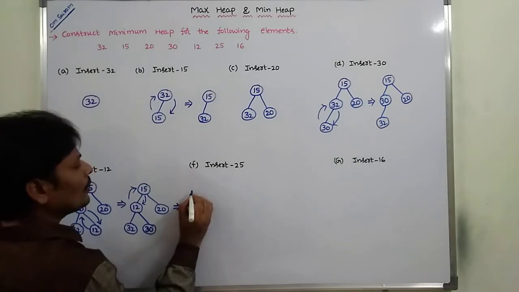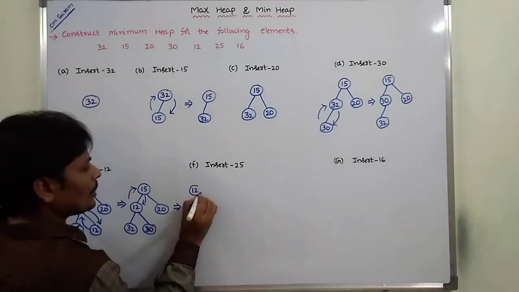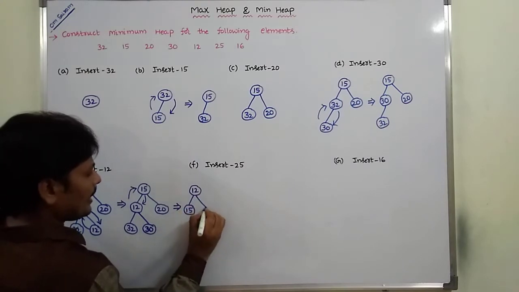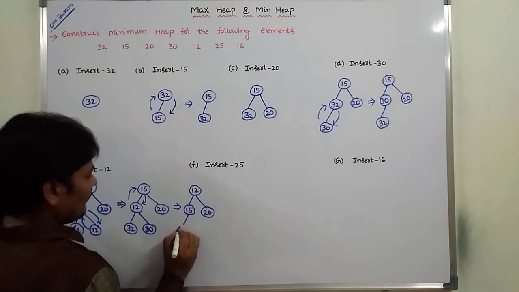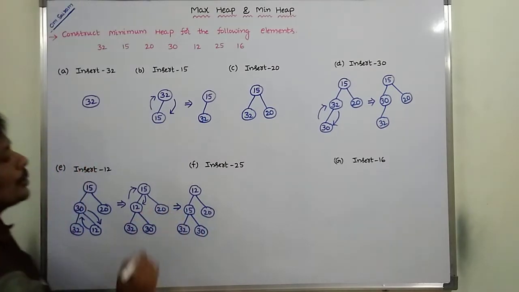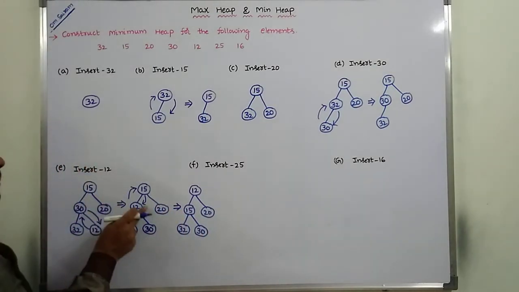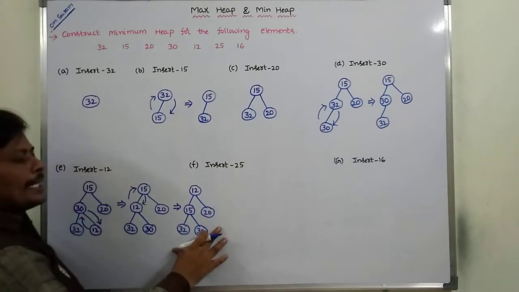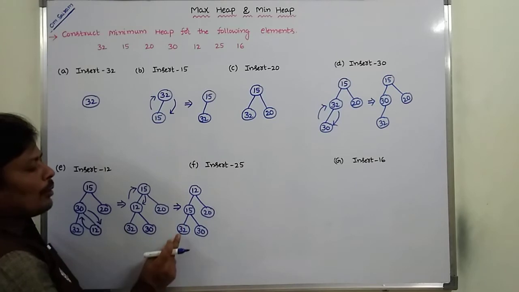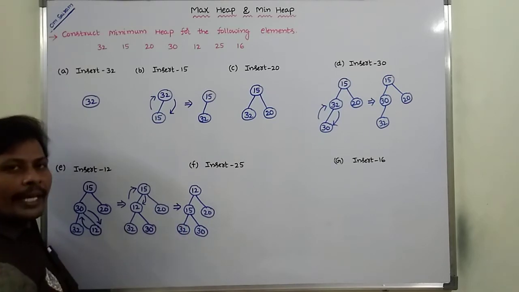After swapping, we get 12 as the root node, its left child is 15 and its right child is 20, and 15's left child is 32 and 15's right child is 30. Now we have to check, after performing this swapping, whether it satisfies the minimum heap property or not. So now 32 and 30 have the parent 15.